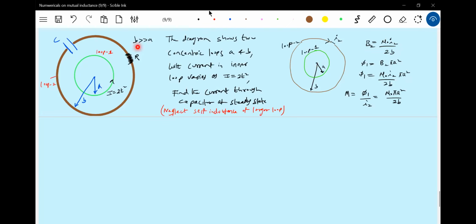Look at the condition given. The radius of the inner loop is so small that the field strength at the center will be the same everywhere inside the inner loop. I think this assumption is very important. What you calculate as the magnetic field strength at the center of the loop is going to be the same value everywhere inside the inner loop.